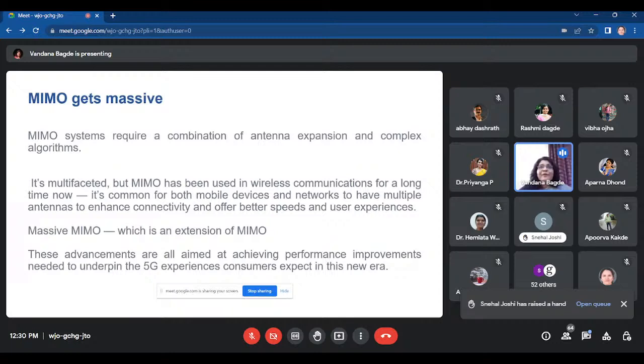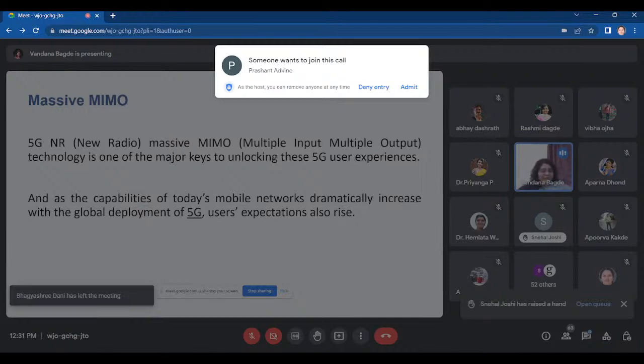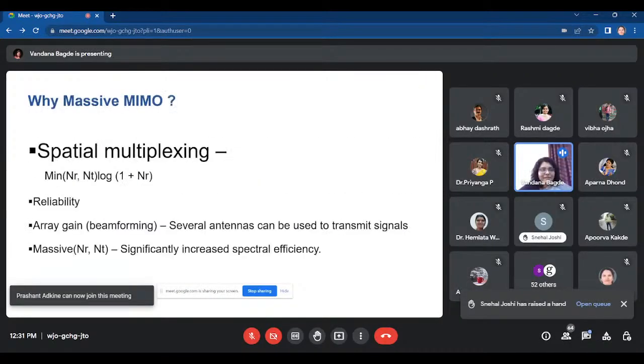Roti, kapda and makan, and in addition to this, data is added now. Internet, network, without this we cannot live. So these advancements make possible improvements in the performance of 5G consumer experiences, which will begin a new era. So let us now talk about this massive MIMO, which is user friendly.